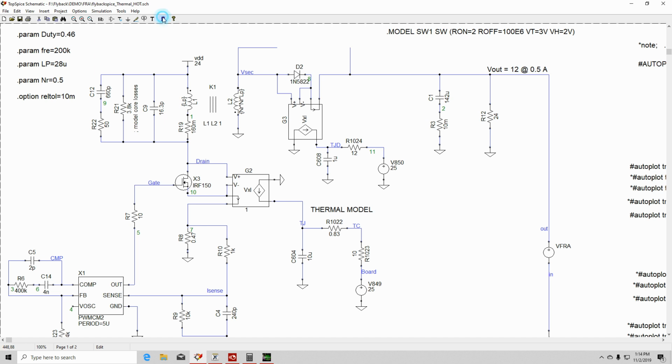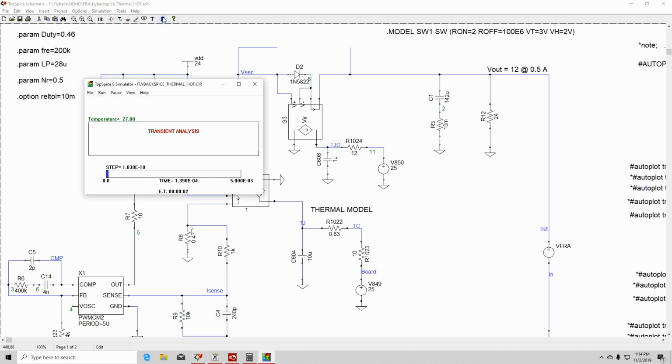And let's look at the output voltage, see how this supply works, and then we'll monitor the TJ, the junction of the transistor, to see if it's getting hot. Here I'm using a board temperature, assuming that the board temperature is 25.